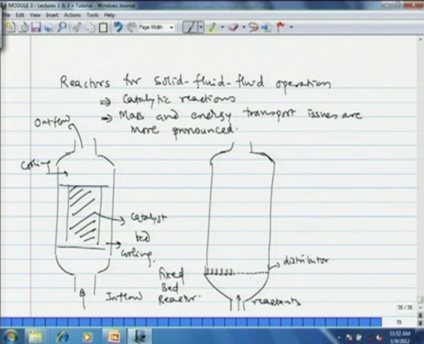But the basic thing is that you have a distributor through which the reactant fluid is spread into the reactor, and then small particles of catalyst are suspended in it. Now, if we have to suspend these catalyst particles in the flow, obviously the velocity of the reactants has to be higher than the minimum fluidization velocity.